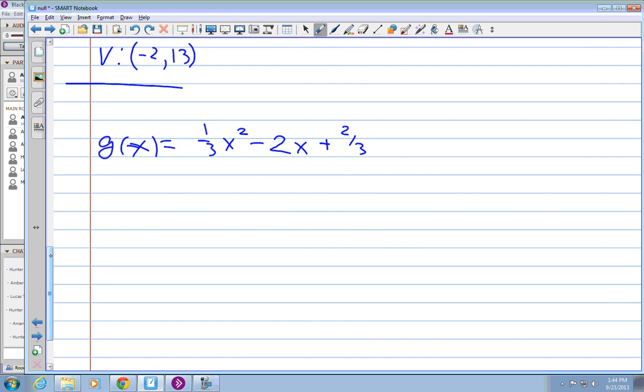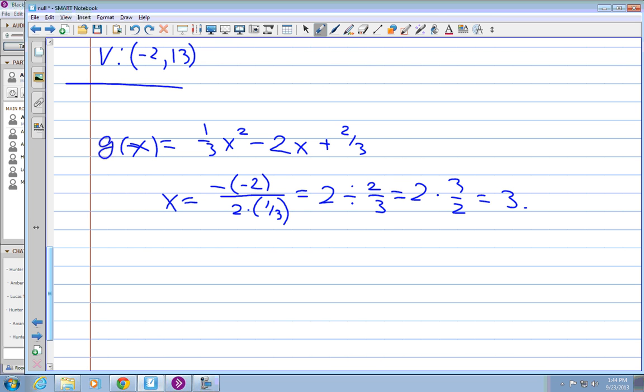We can just say, well, x equals negative b, so it's negative of negative 2 over 2a, right? So that's positive 2, so it's 2 divided by 2/3. Do you agree with that? So it's the same thing as 2 times 3/2, so that's 3. Is that okay? So that's the x coordinate of the vertex.